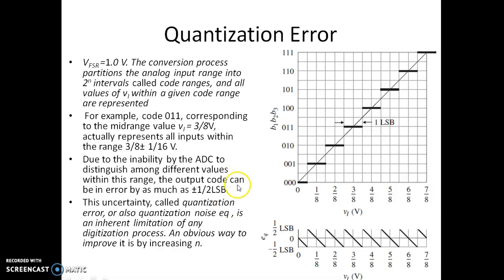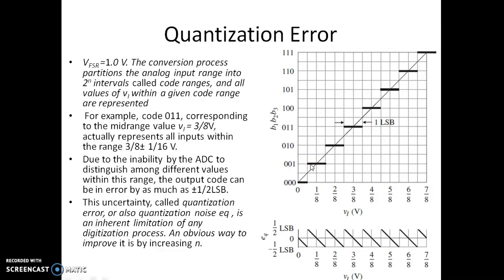For 0, 0, 0, I have an input voltage of 0. For the representation 0, 0, 1, the input voltage should be 1 by 8. If the input voltage lies between 0 and 1 by 8, we make a demarcation: till 1 by 16 you represent it as 0, 0, 0, and anything more than 1 by 16 and less than 1 by 8 you represent it by 0, 0, 1.